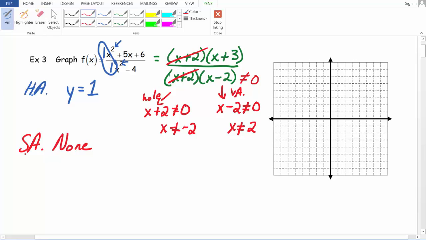Also, what we can go ahead and do for this hole is go ahead and throw in that x value that we just found. We got negative 2. To find the corresponding y value, we're going to go ahead and throw that into x for our simplified version of this rational function. We're going to find what is the y value if we throw in negative 2 into that simplified version.